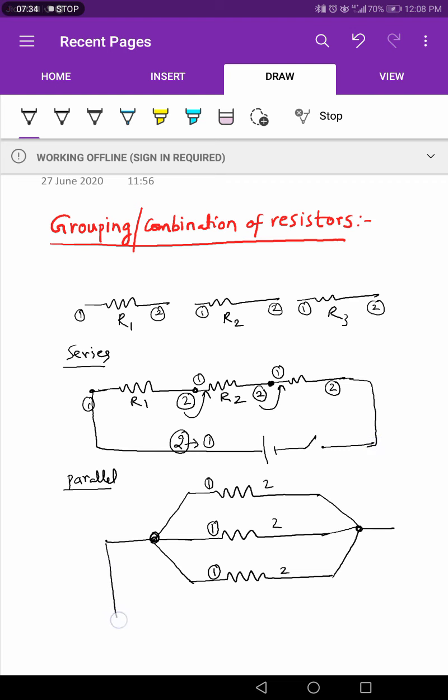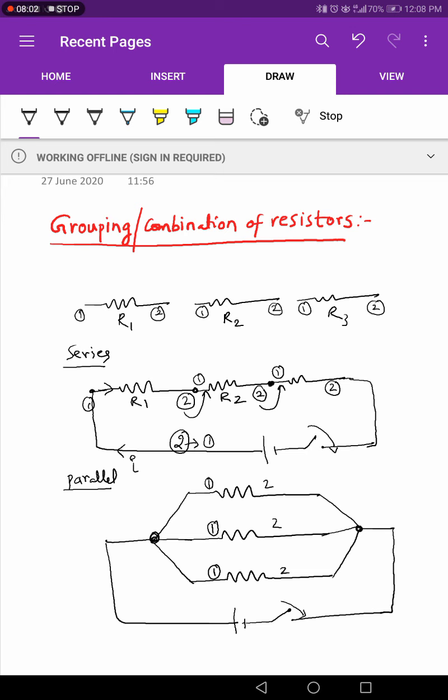like this. Once we close the key, what will happen? The current starts flowing in the circuit. Suppose I is the current in the circuit. The flow of electrons in unit time is known as electric current.